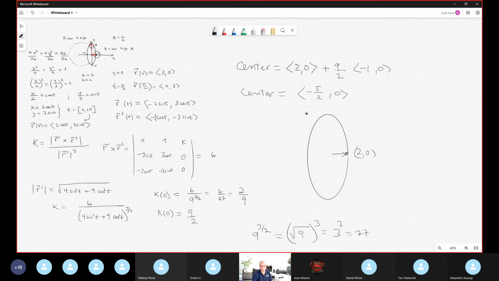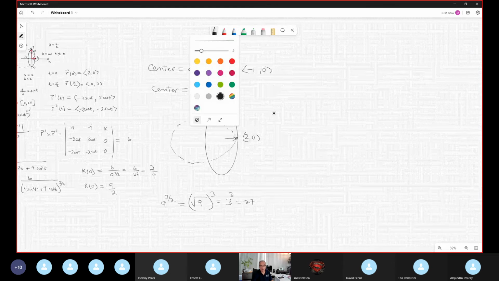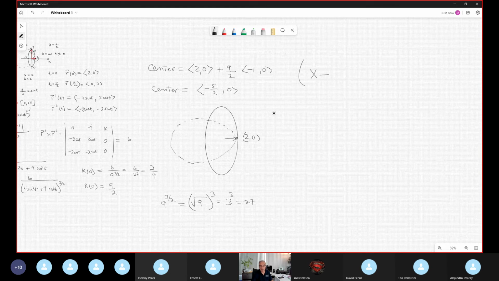Therefore, the formula for the osculating circle is (x minus h) squared, pero h es negative 5/2, plus y squared, no k, equal radius squared, and the radius squared is this guy squared, que es 81/4.